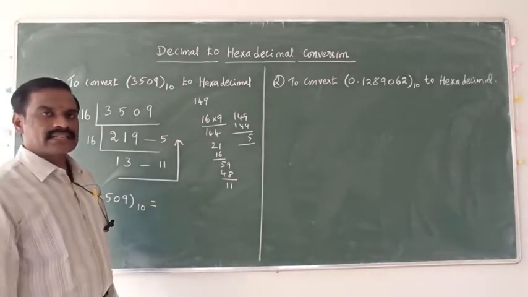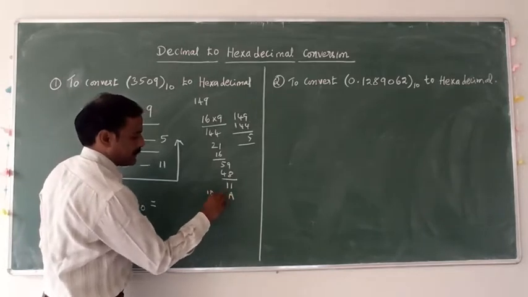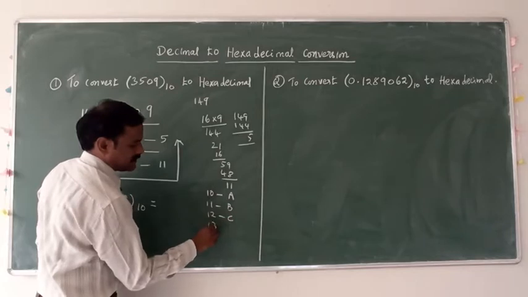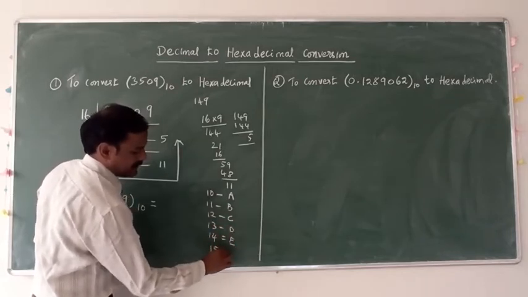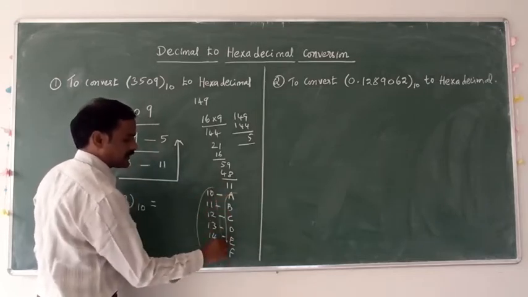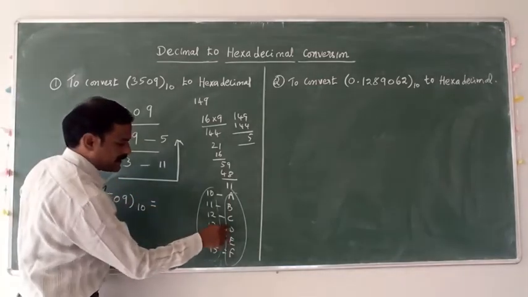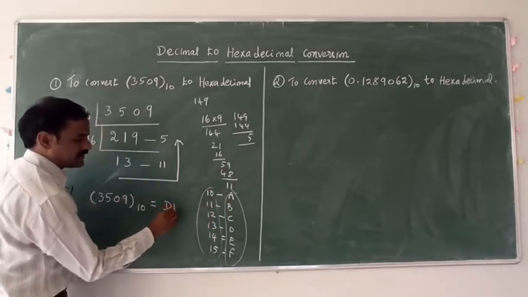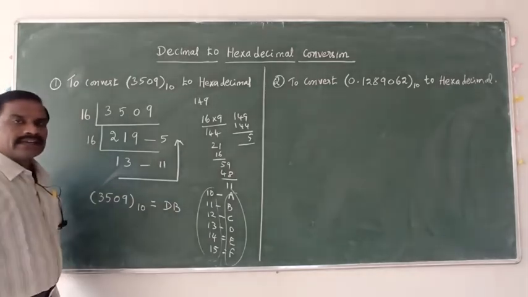What is the corresponding hexadecimal value? 10 is A, 11 is B, 12 is C, 13 is D, 14 is E and 15 is F. 13 corresponds to D, 11 corresponds to B, and 5 is the same in decimal and hexadecimal.